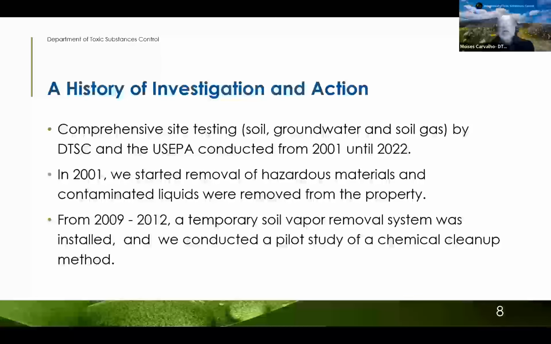We have removed hazardous waste, and from 2009 to 2012, we installed and operated a temporary soil vapor system, which is like a soil vacuum system to pull the chemical vapors out of the ground. During the same time, we also conducted a pilot study, essentially a test run of a chemical cleanup method, to see if this technology would work.